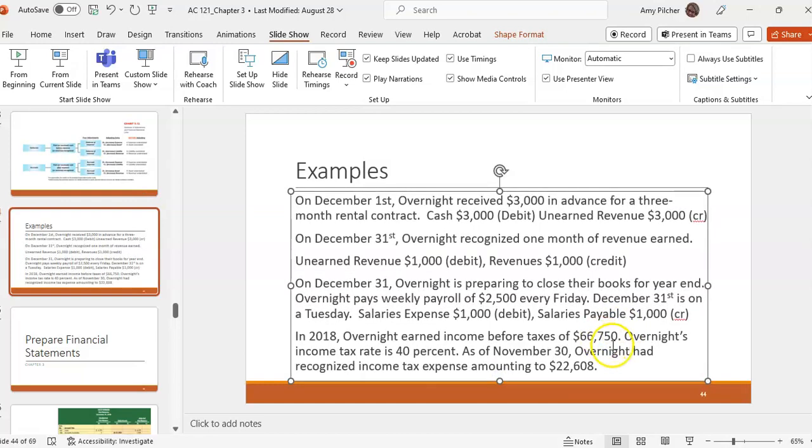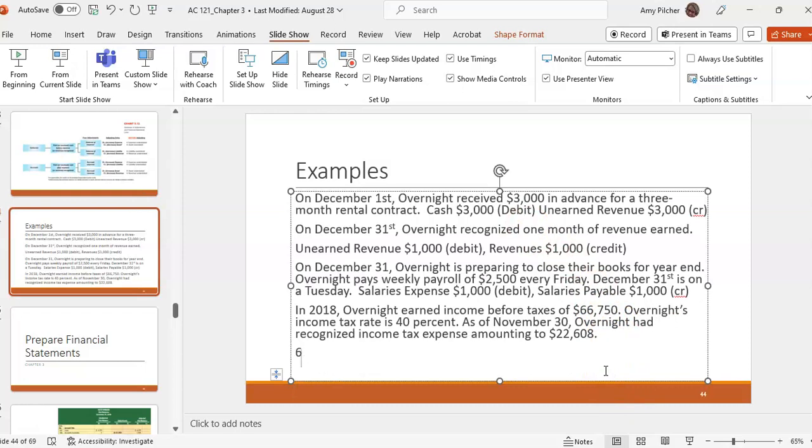So we have 66,750 and a rate of 40%. So times 40%. So $66,750 times 40% is $26,700. So for the year, we owe $26,700 in taxes.